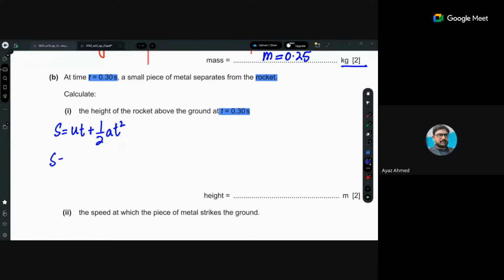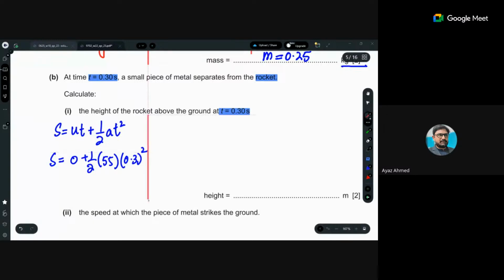Distance, हाँ जी. सो s is equal to 0 plus 1/2, आपके पास acceleration कितना था 55, और time आपका है 0.3 square. तो ये आपके पास कितना हो जाएगा, आप इसको calculate करें.